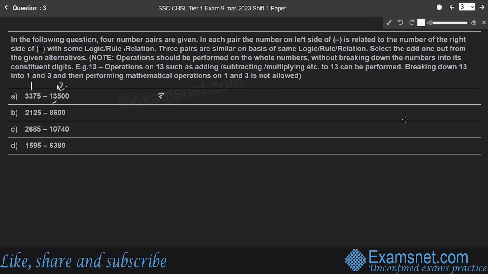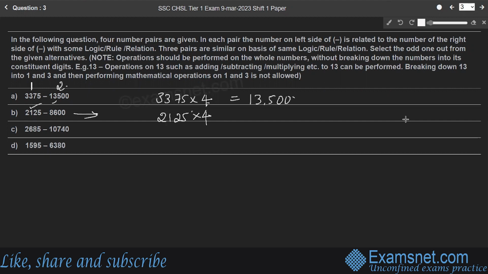So the first number 3375 into 4: when 4 is multiplied to the given number, you will get the second number which is 13,500. Right. Whereas in option B, 2,125.